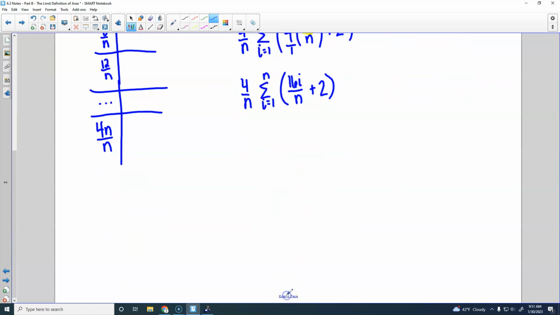So what we want to do is use shortcut rules. Our shortcut rule for I is n times n plus 1 over 2. So we're going to have the 16 and the n stay where they're at, multiplied by n times n plus 1 over 2.